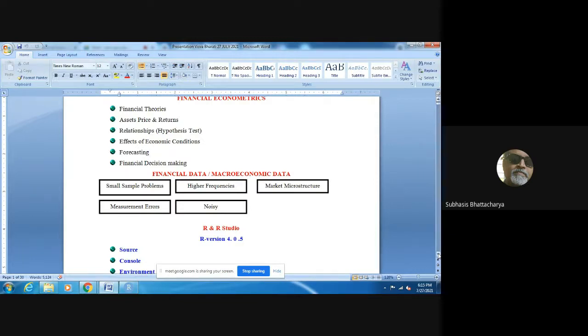And in market microstructure, we are doing things like cleaning and managing our database.